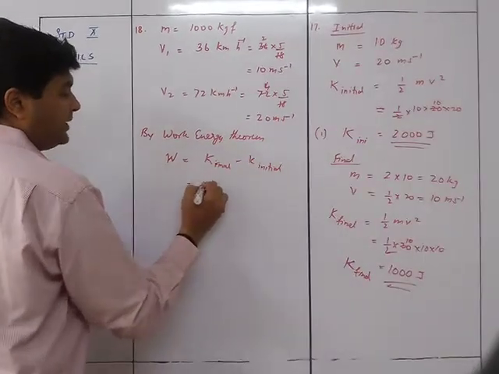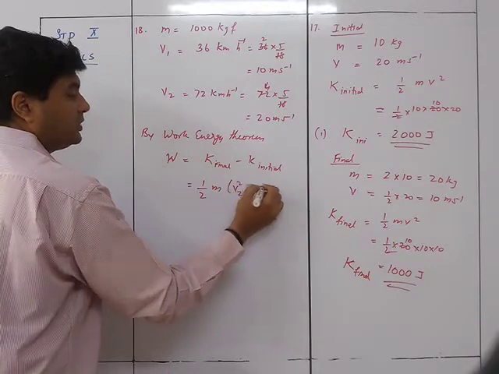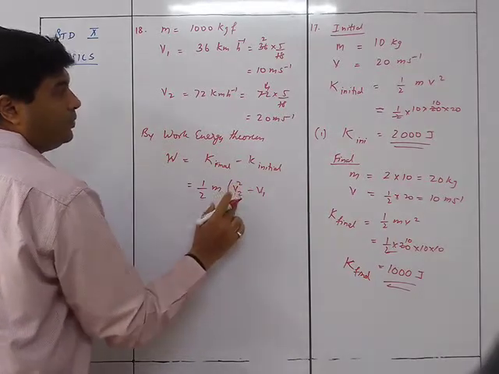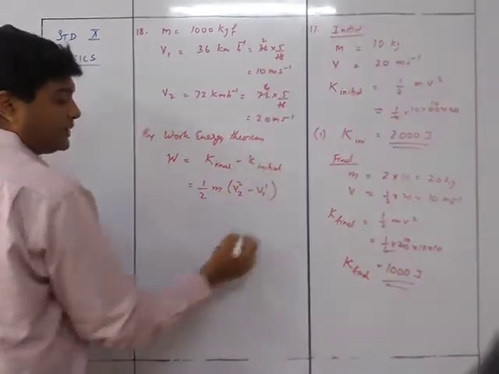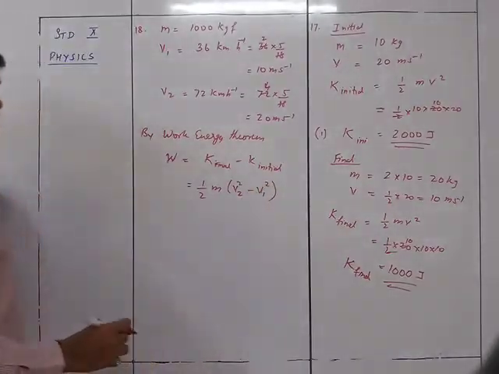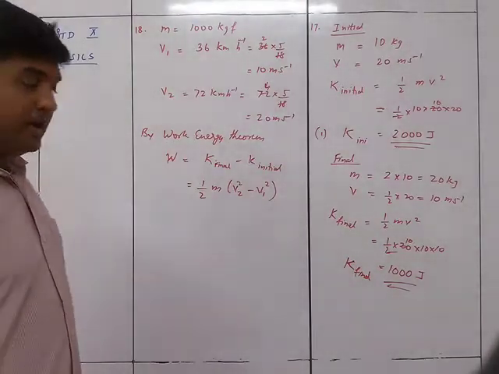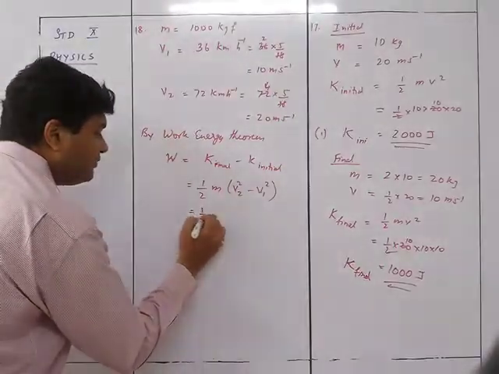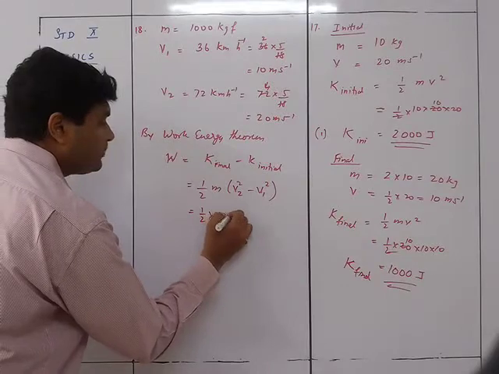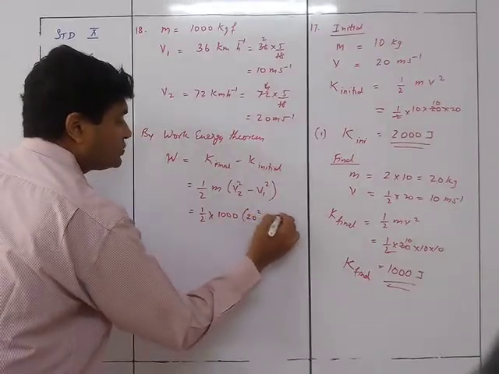So that is nothing but half m into v2 square minus v1 square. That is the formula we had for the work energy theorem. So this is that formula. So that gives me half into mass is 1000 into v square is 20 square minus 10 square.